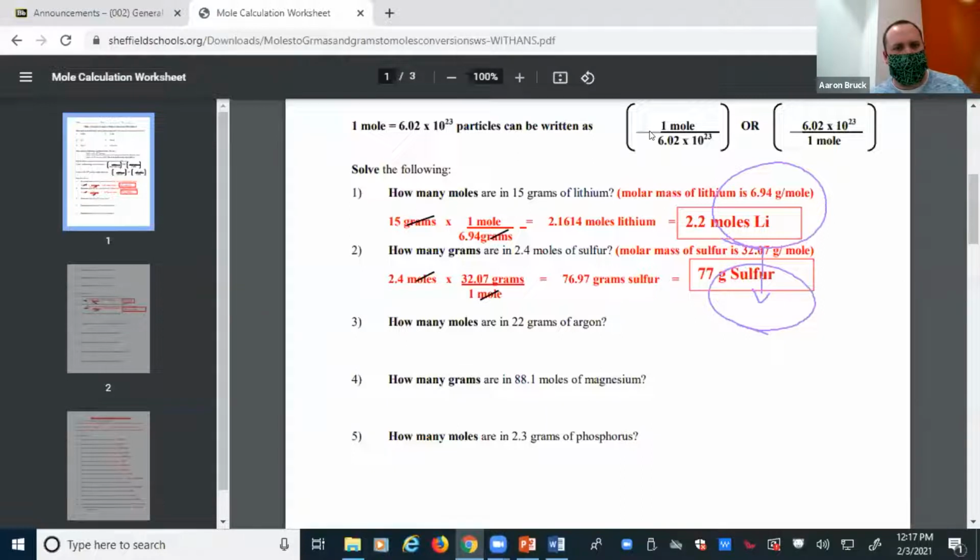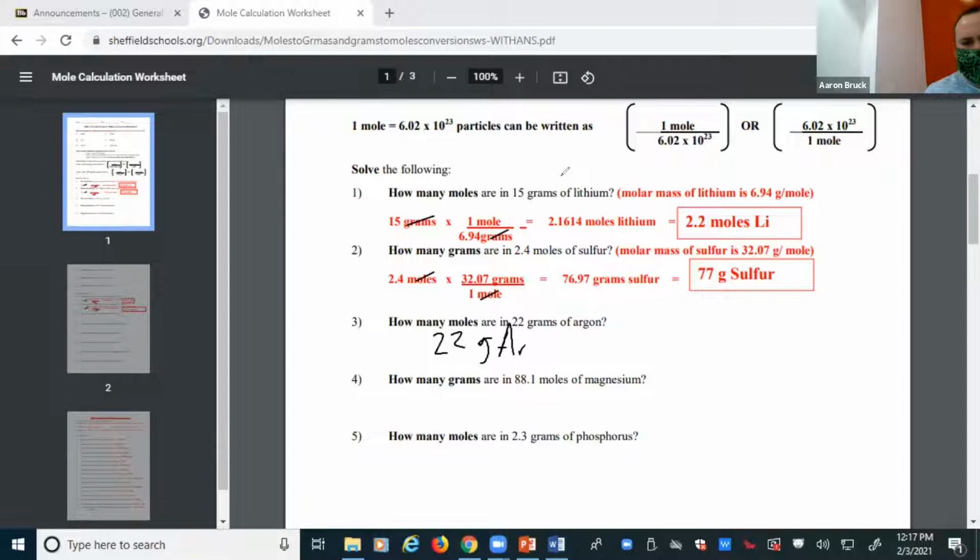So the concept that we go after here is I have 22 grams of argon, Ar. I need to convert those grams of argon into moles of argon. According to the periodic table, there are 39.95 grams of argon in every mole.